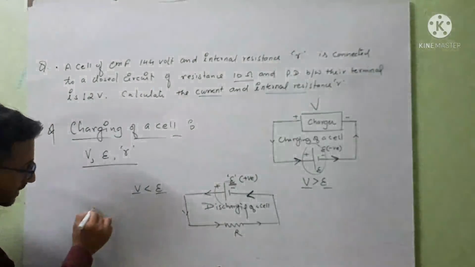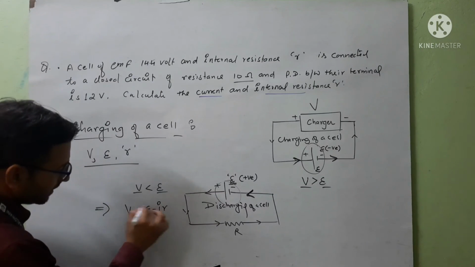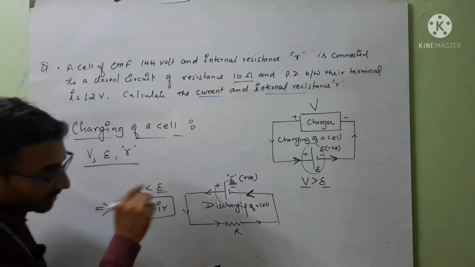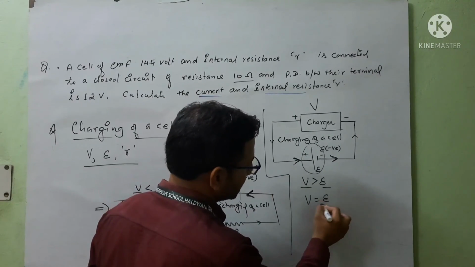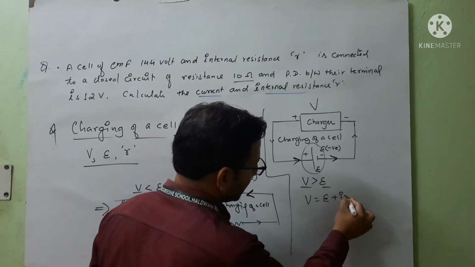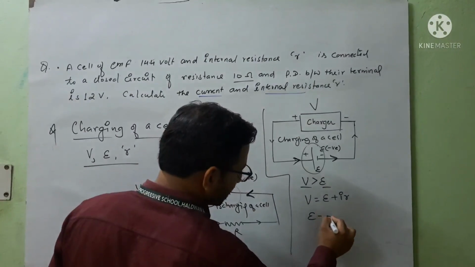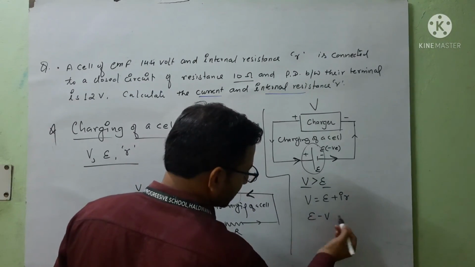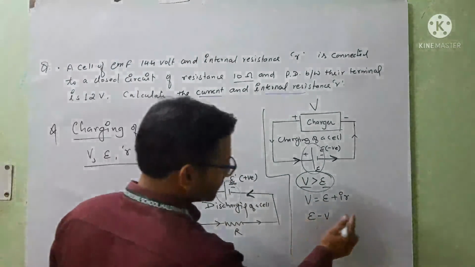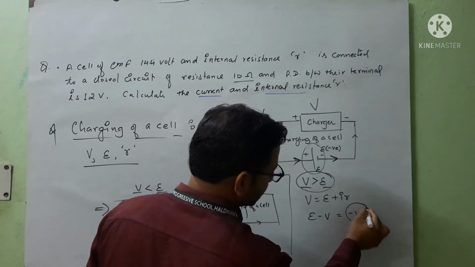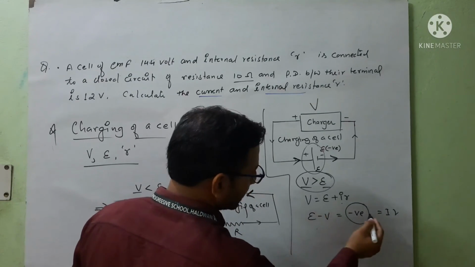Here the relation is V equals E minus Ir, meaning EMF minus Ir. But in the opposite case, in case of charging, we will have the relation V equals epsilon plus Ir. Students, the difference E minus V: V is greater than E, so the difference E minus V will be negative, and this negative difference equals negative Ir.